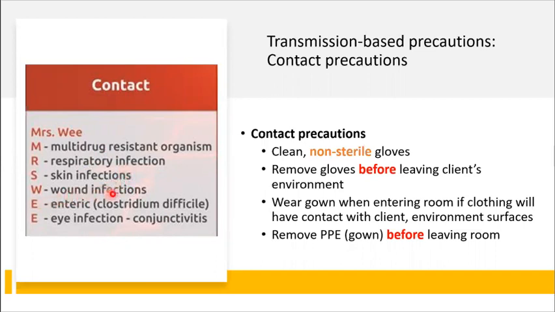W would be for wound infections. E would be for enteric, like your Clostridium difficile, or even your rotavirus. And E would be for eye infection, like your conjunctivitis. So again, those are disease conditions for contact precaution.